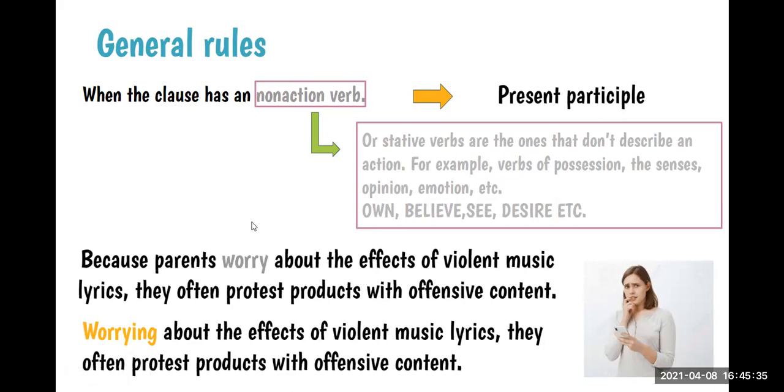Do you remember what was the exception for the non-action verbs? When a non-action verb turns to an action verb, like thinking. Okay. You are talking about the non-action verbs that express other things. No, when a non-action verb turns to an action verb, like think turns to thinking, the action of.